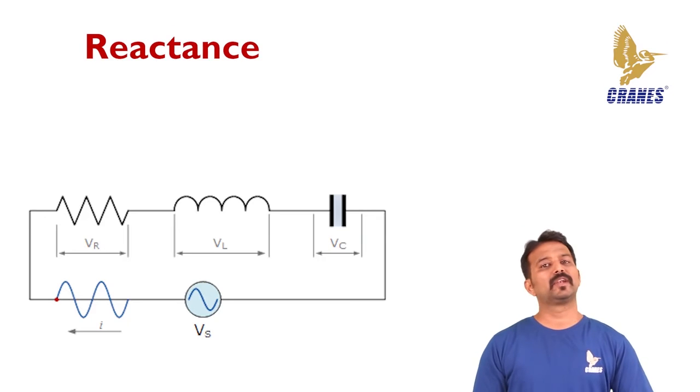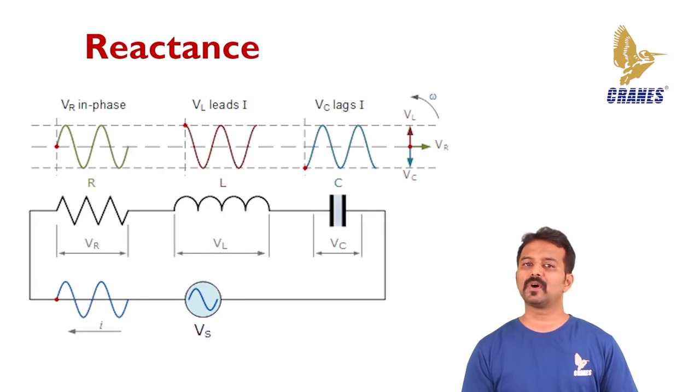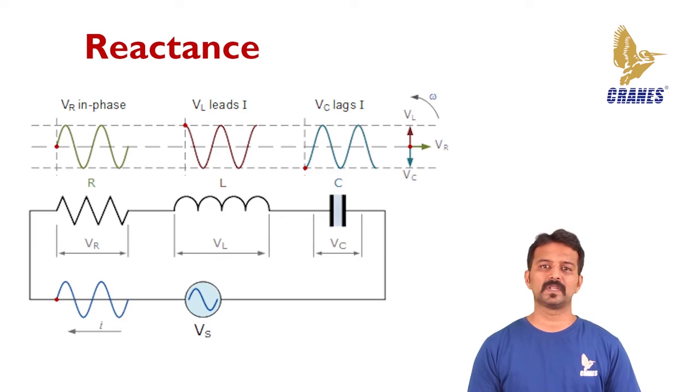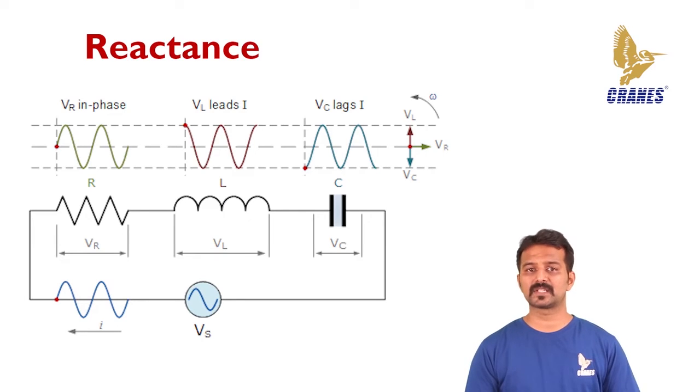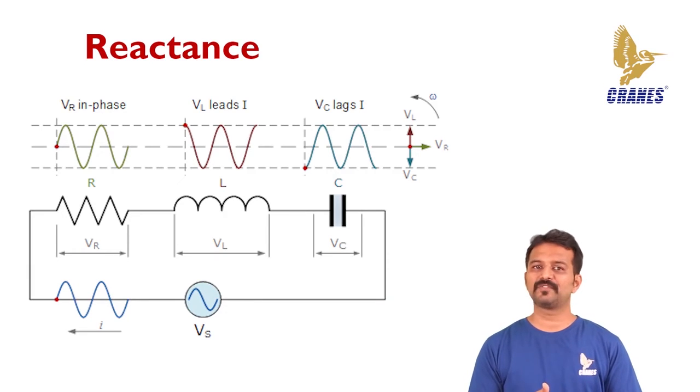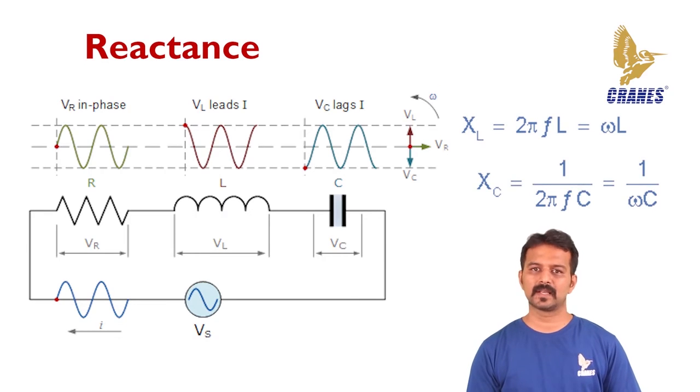When an alternating current goes through a pure reactance, a voltage drop is produced that is 90 degrees out of phase with the current. Depending upon the phase, that is plus 90 degrees or minus 90 degrees, the reactance can be termed as inductive reactance or capacitive reactance. The reactance is indicated by X and is measured in ohms.